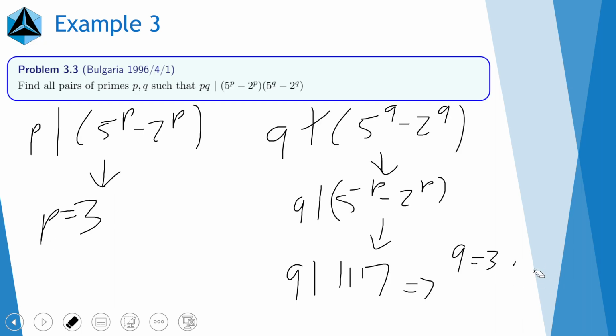Yeah, and our other case is also symmetric, where we replace each instance of p with q here, and we replace these with p.